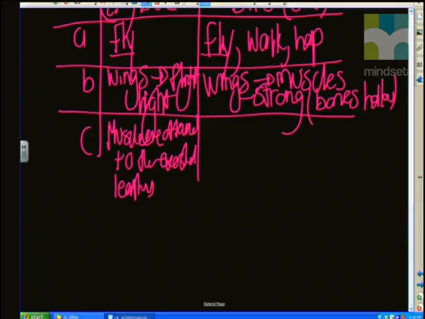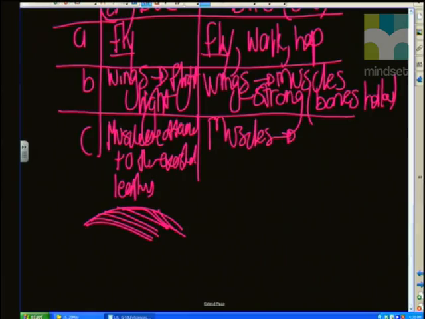If I were to draw a picture, there's your outside, and your muscles would all be directly joined over here. Whereas if we look at the bird, the muscles are attached to the bone, and because of that we are able to have much greater movement.